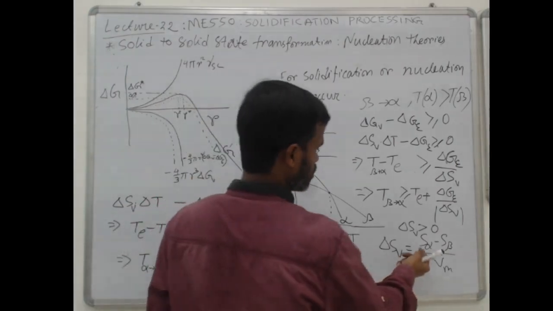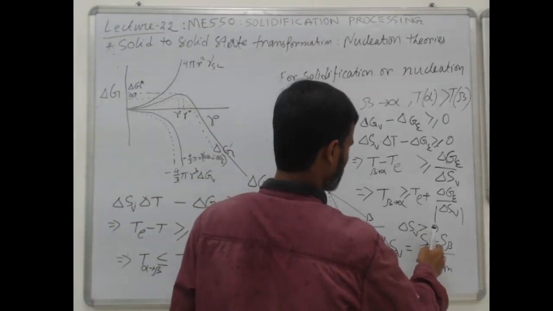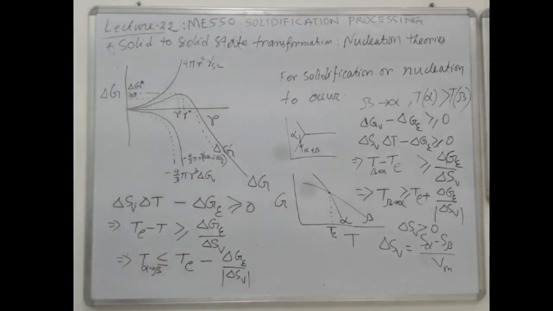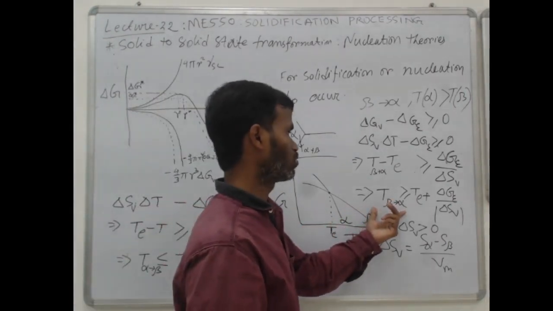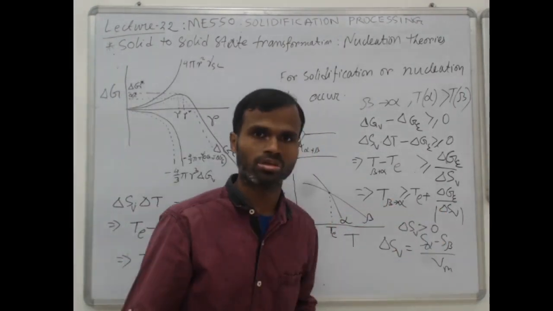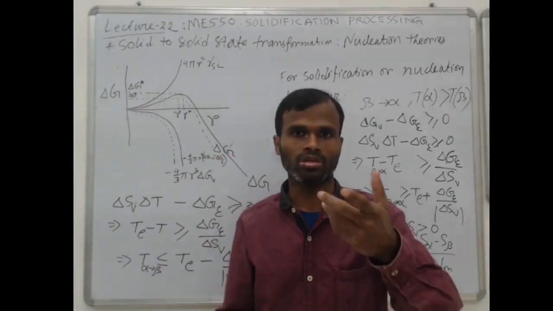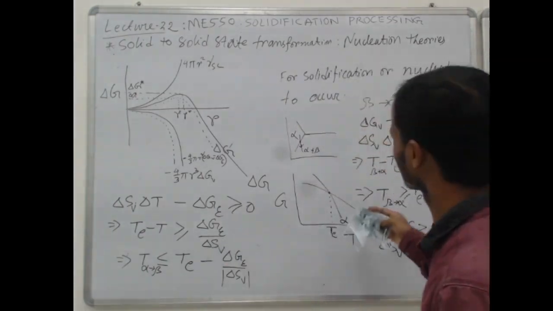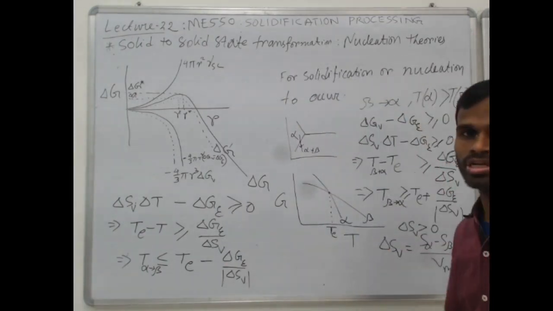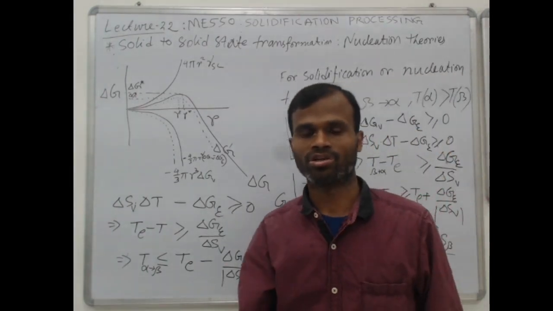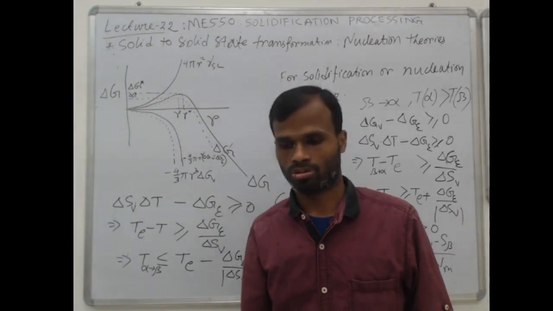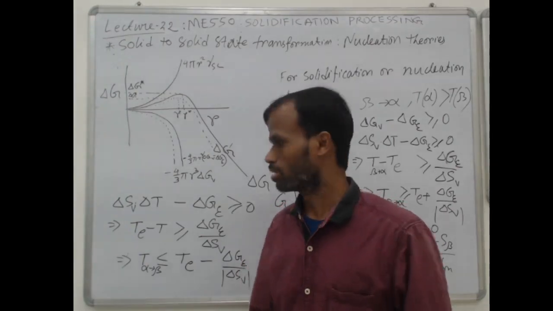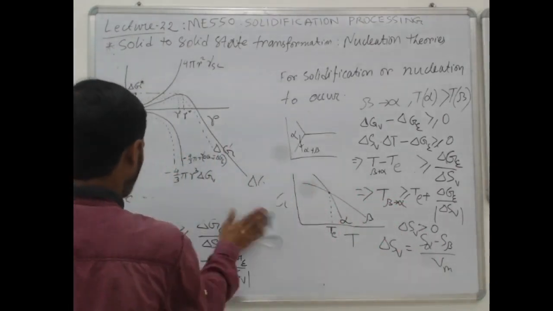So S alpha will be bigger than S beta, so it will be positive. So you see this is how we can find out the amount of undercooling or the amount of superheating required to start phase transformation or the nucleation, which involves solid to solid state transformation.